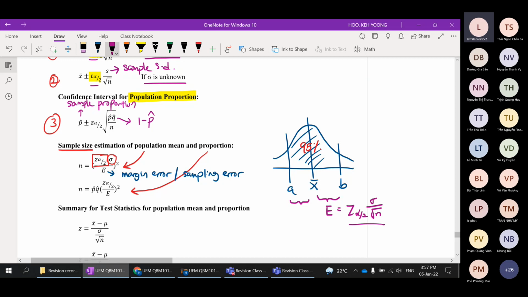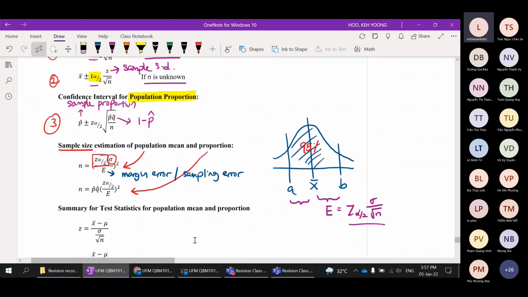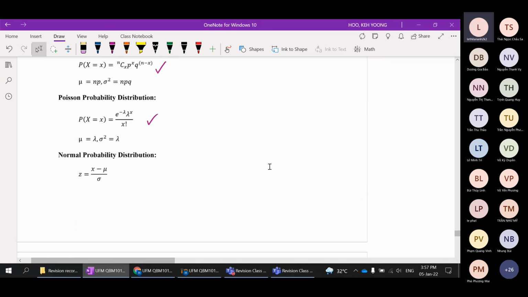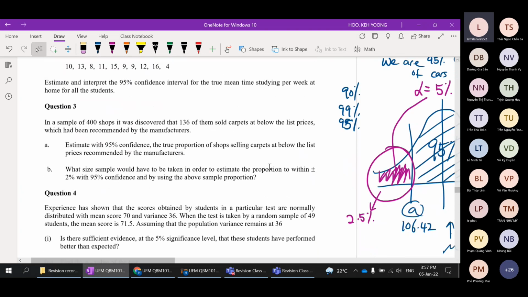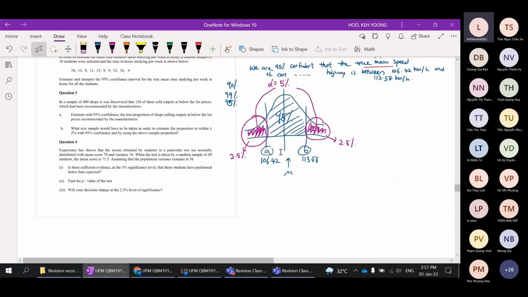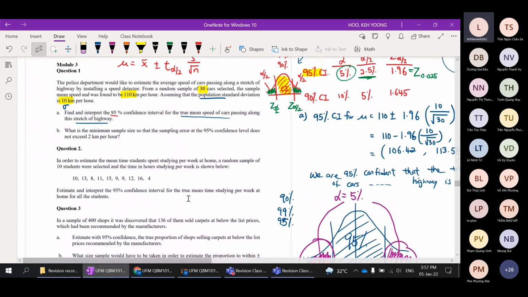So back to these questions. Scroll it back up. Yeah, this one. So what information do we have here? We know the sample size. We don't use 30 anymore.